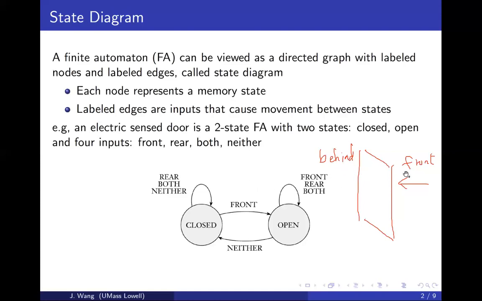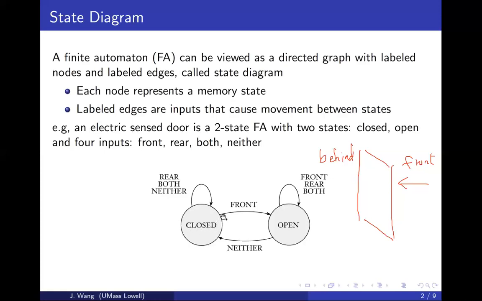Only when there is no person behind the door and there is a person in front of the door do you open the door. And if there are no people on either side, of course it will remain closed. That is in this state.